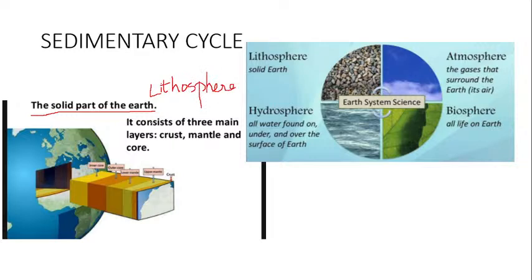The earth has different layers, that is the crust, mantle and the core, and the lithosphere constitutes the crust and the mantle layer. Here you can also see the lithosphere, the solid earth in which the rocks are present, and that is a reservoir of the nutrients in the sedimentary cycle.